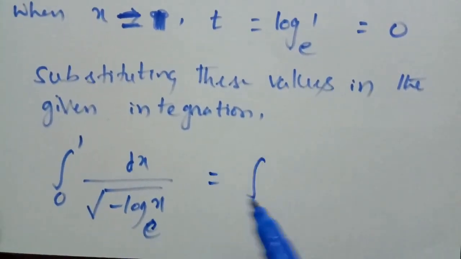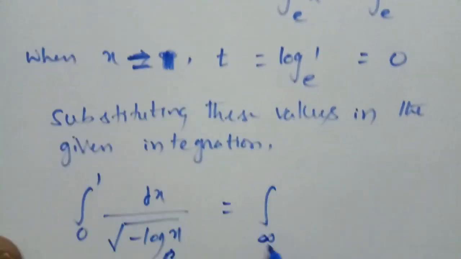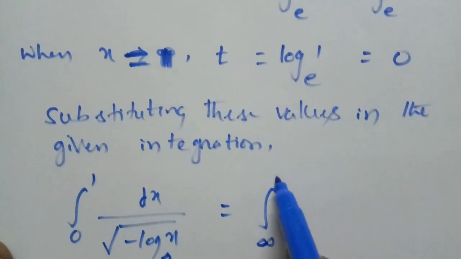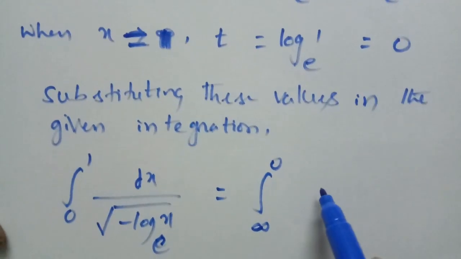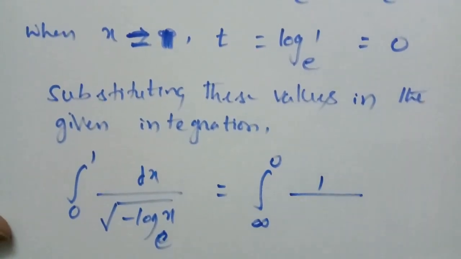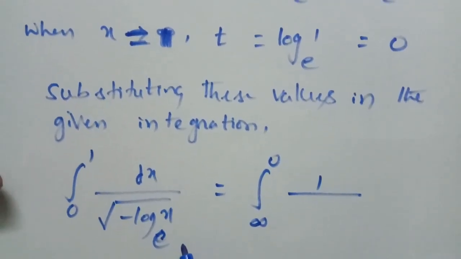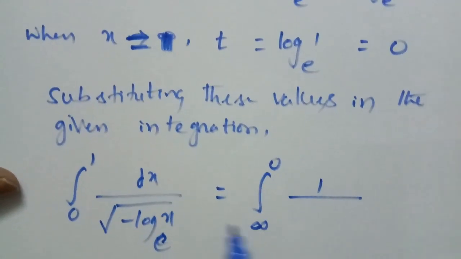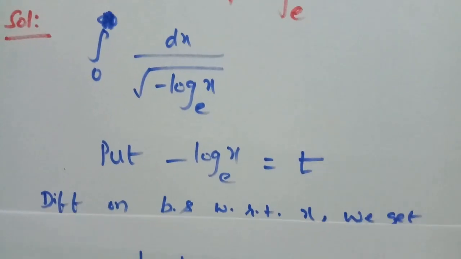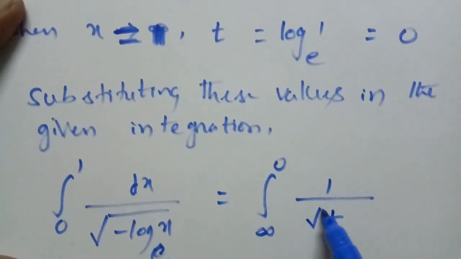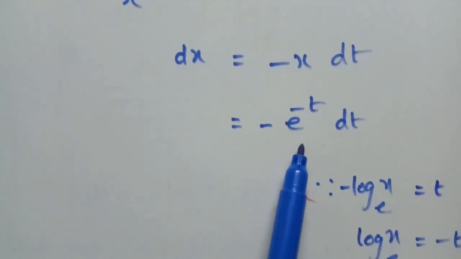This is equal to, lower limit 0 becomes infinity, and upper limit 1 becomes 0, and 1 by square root of t, since we assumed that minus log x base e is equal to t, into dx, which is equal to minus e to the power of minus t dt.